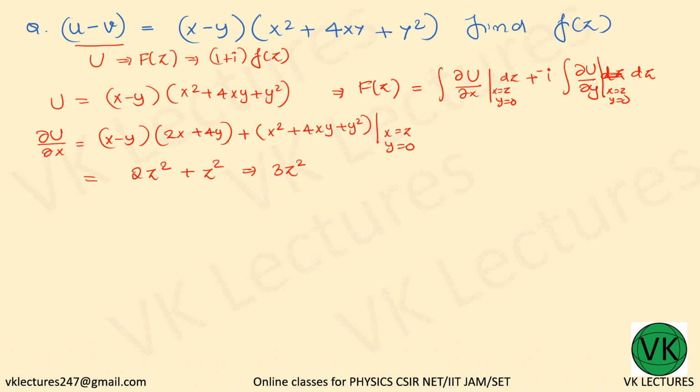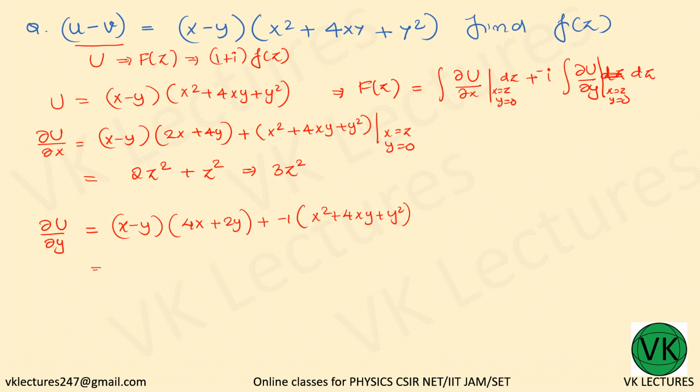Now ∂u/∂y is equal to this into derivative of this, so x minus y into the derivative of the second term, x² goes, so 4x plus 2y, plus this one, minus 1 into x² plus 4xy plus y².